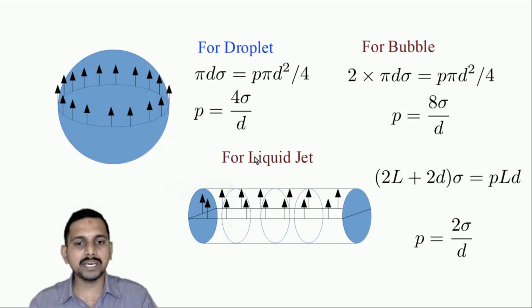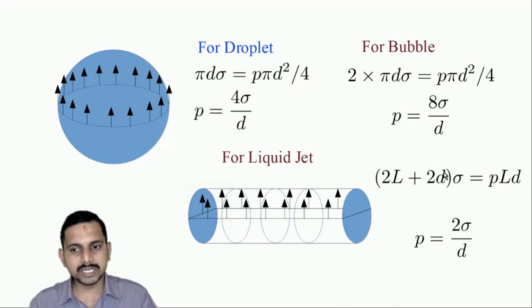Okay, similar thing happens with the liquid jet. Inside a liquid jet, if you consider it as a cylinder, it will have surface tension on its circumference, and from the bulk of the liquid, the section, you have the pressure here. The surface tension force is 2 into L, the length, into 2 into d, the diameter, into sigma, is equal to pressure into the area, which is L into d.